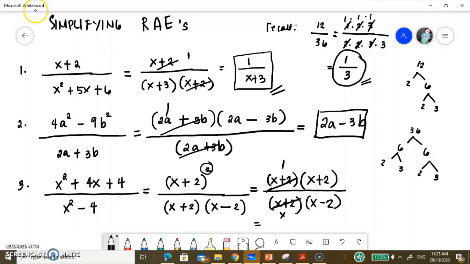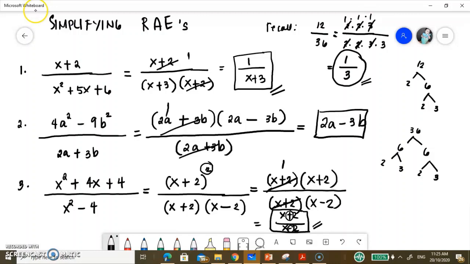What's left is x plus 2 over x minus 2. This would be your final answer. Hindi ka na pwedeng mag-simplify dyan because they are separated by an addition and a subtraction. Pwede ka lang magka-cancel out kapag multiplication yung operation between the two expressions. Okay? So, this would be your final answer.